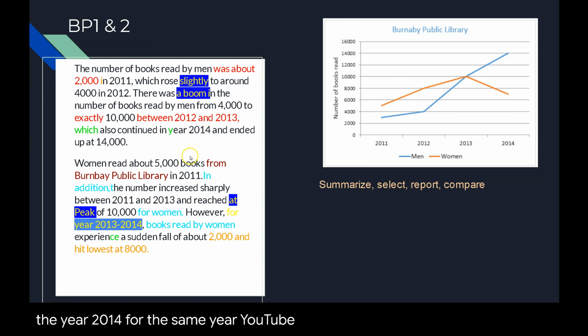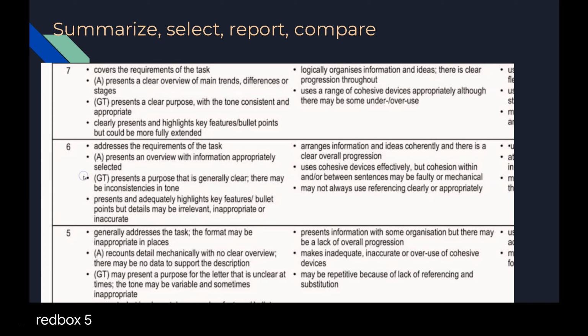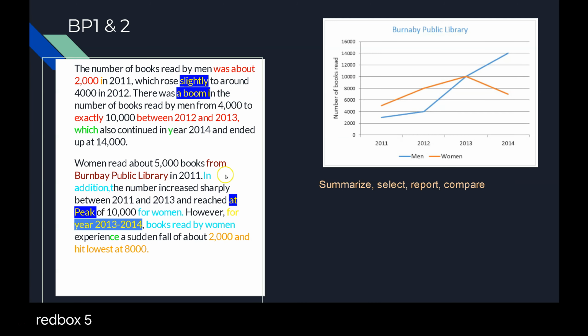We know what these numbers mean, and end it up. Hey, now, great. Can you compare that to where it started? No. You compare that to where women are? No. Women read about 5,000 books. From the birth. I should hope so. At this point, we know what library we're talking about. In addition, no, not a good connector there. Put spaces in between your words there.